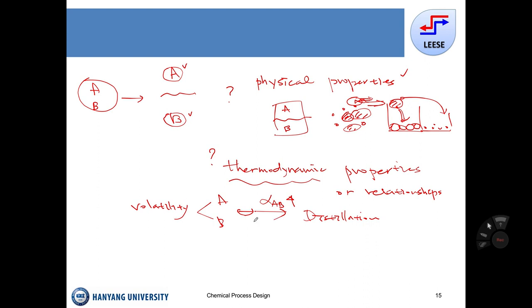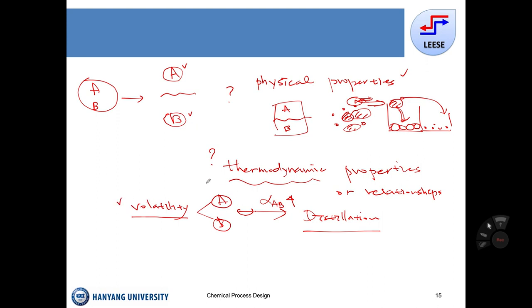I explained in lecture 3, when discussing the importance of thermodynamics in the distillation column, that separation occurs based on the relative difference in volatility. A is light, B is heavy. Then A is likely to evaporate, B is likely to condense, so we can use distillation for the separation between A and B. How do you check this volatility?